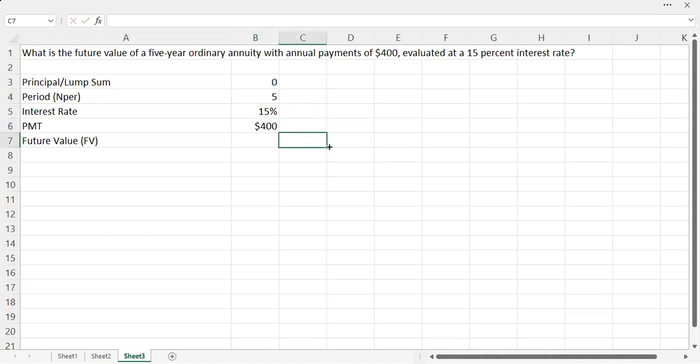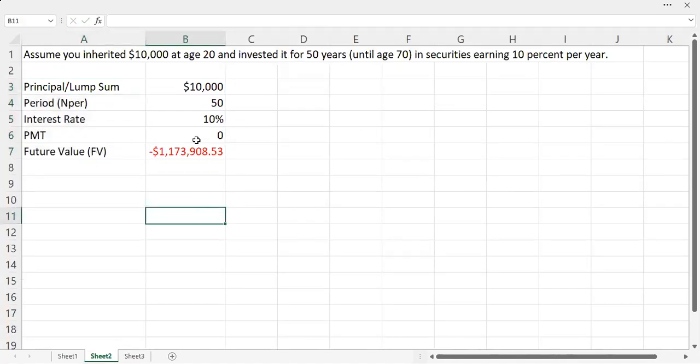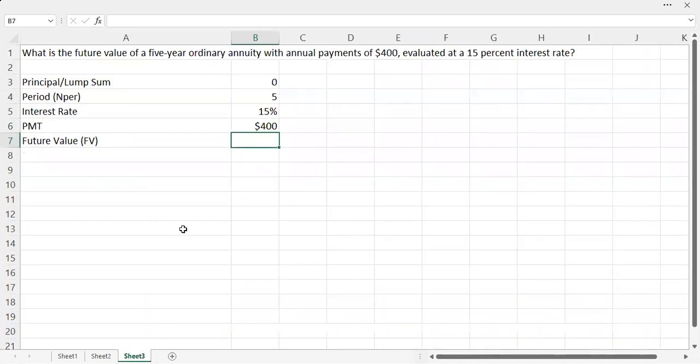So we're looking for the future value. Now you can see the difference between the first example, where we did not have any annual payments but we started with a lump sum, and the second example, where we did not have any starting money, no lump sum, no principal amount, but we are paying $400 per year.